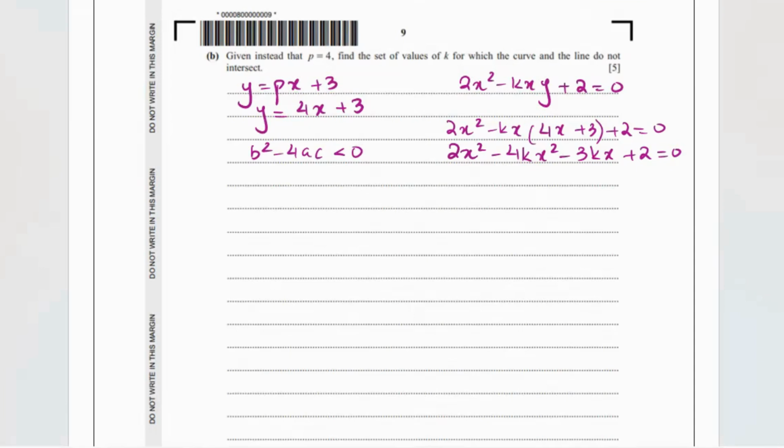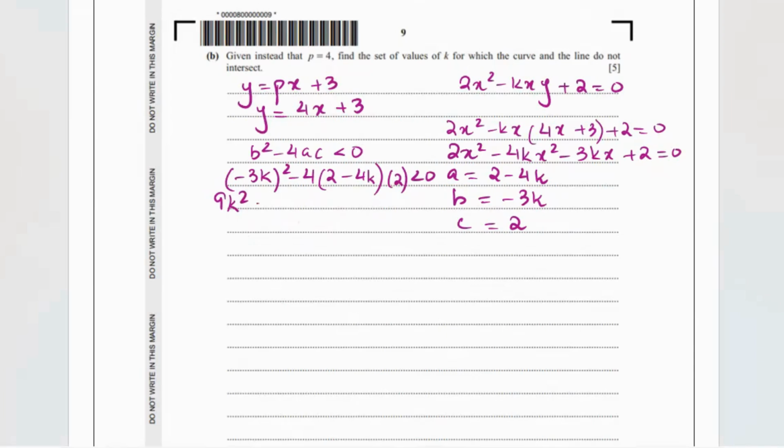So based on this, A is 2 minus 4k, B is negative 3k, and C is 2. So let's substitute these in this inequality. So (negative 3k) squared minus 4 times (2 minus 4k) times 2 is less than 0.